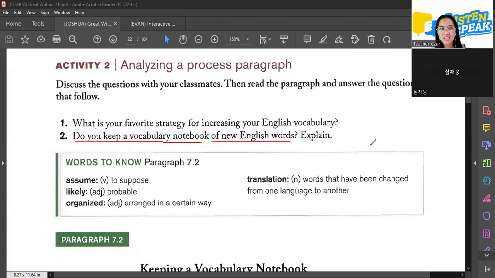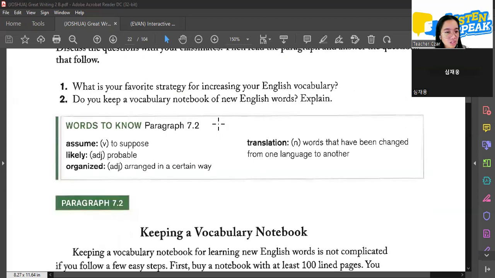So it is also a little dictionary for me with the vocabulary that I collect. Okay, so that is also my strategy. I just mentioned it.